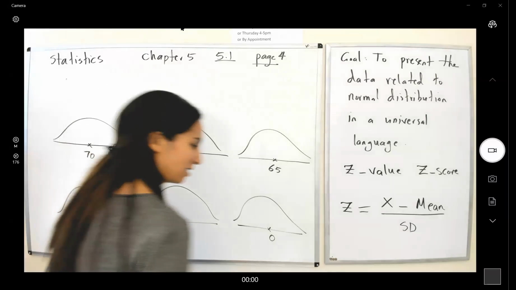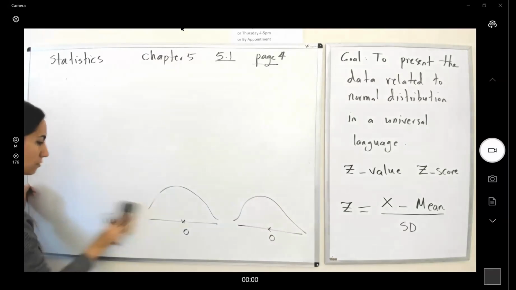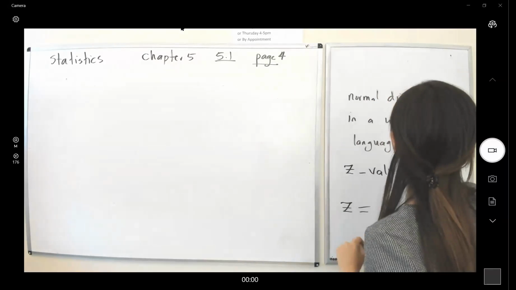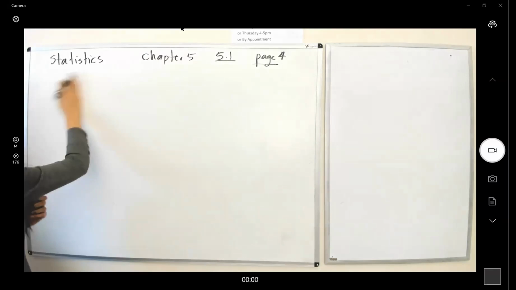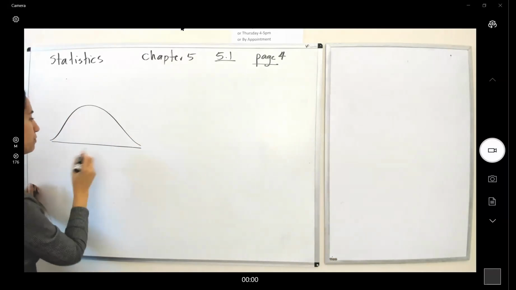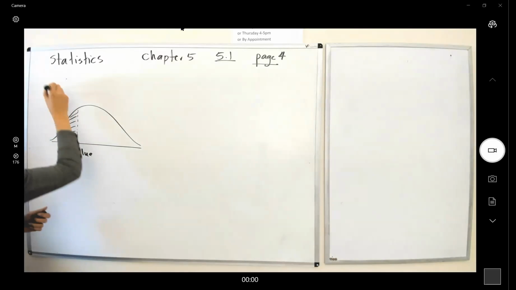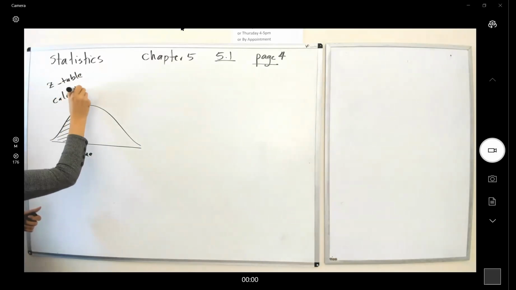So far we learned how to find the cumulative area on the left-hand side. If you have a z value or x value, and you want to find the cumulative area to the left-hand side, you either use your z table or you use your calculator.